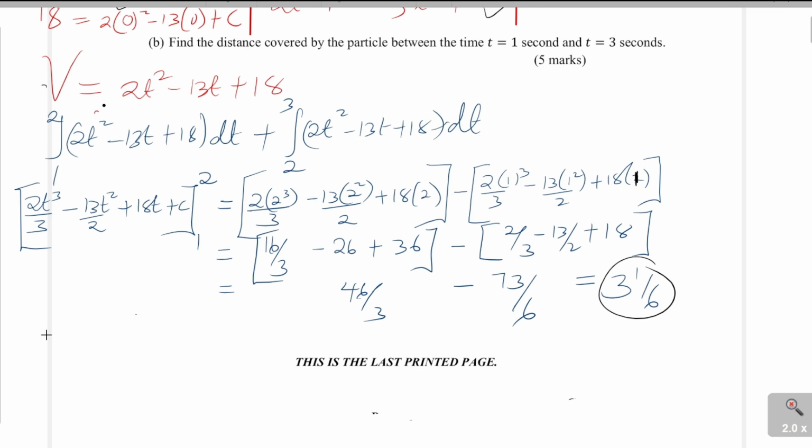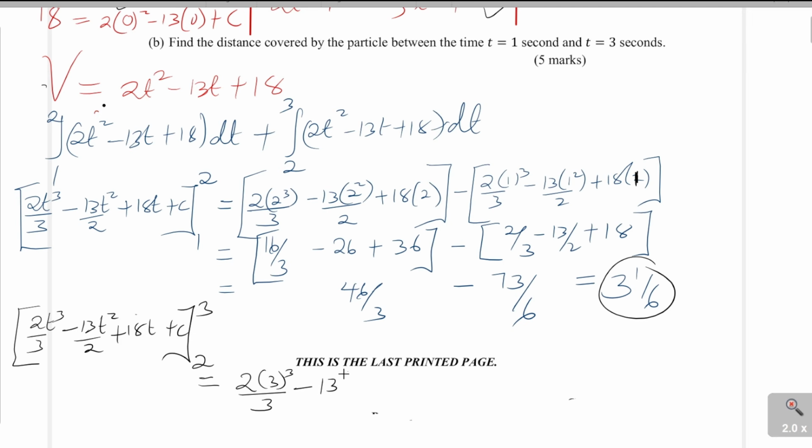The next one now is we add from 2 to 3. So we shall have 2t cubed divided by 3 minus 13t squared divided by 2 plus 18t plus c, from 2 to 3. We start by substituting 3: 3 cubed divided by 3 minus 13 times 3 squared divided by 2 plus 18 times 3, and leave the constant of integration.